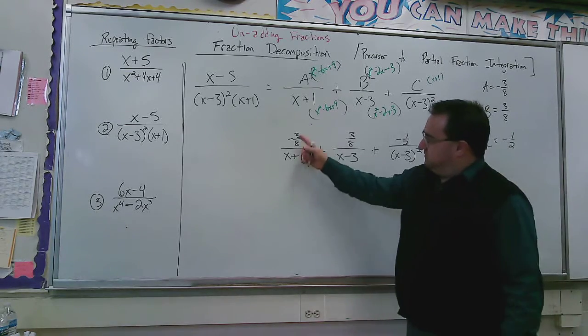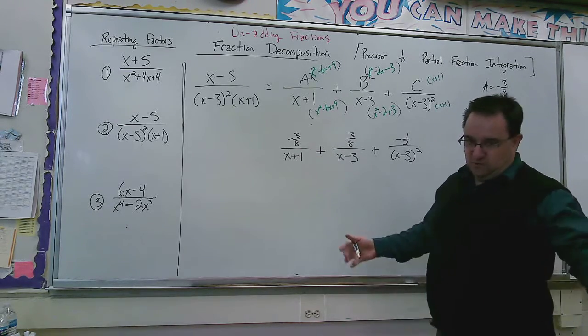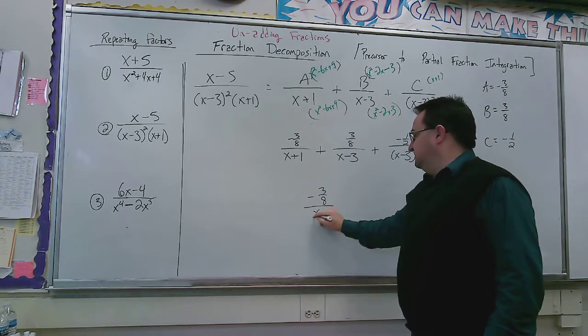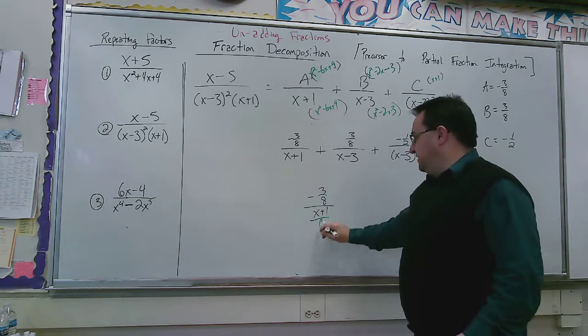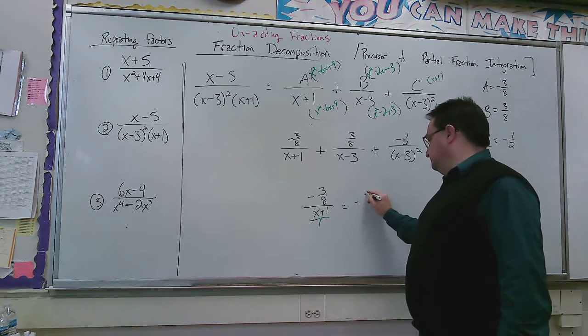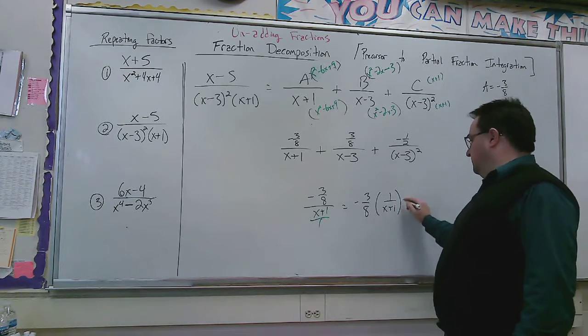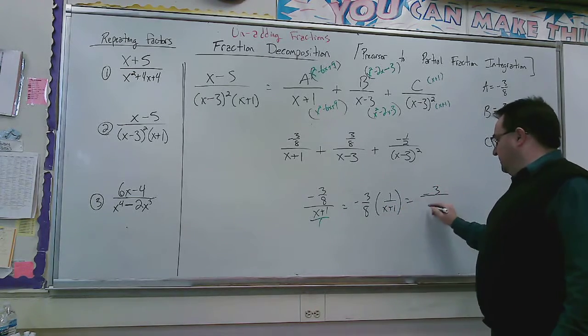Let's just focus on this fraction right here to show you what we're really going to do. So if I see this, I know that that's actually like this. And look at what I end up with.